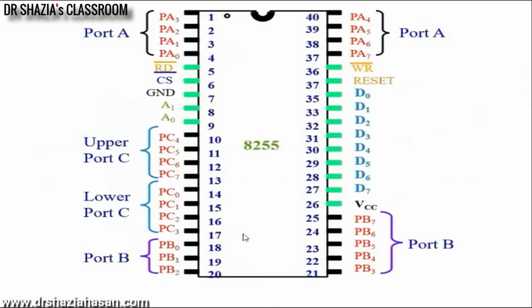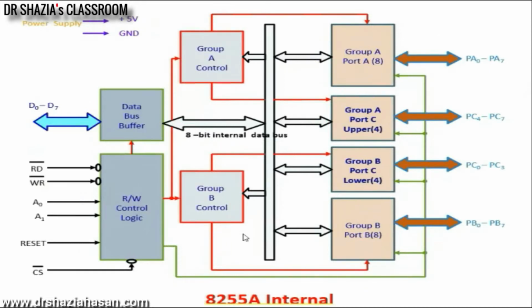In this case, the side where the IO devices are connected is called the device side of the interface. The other side, where the port is connected to the microprocessor, is called the system side of the interface.